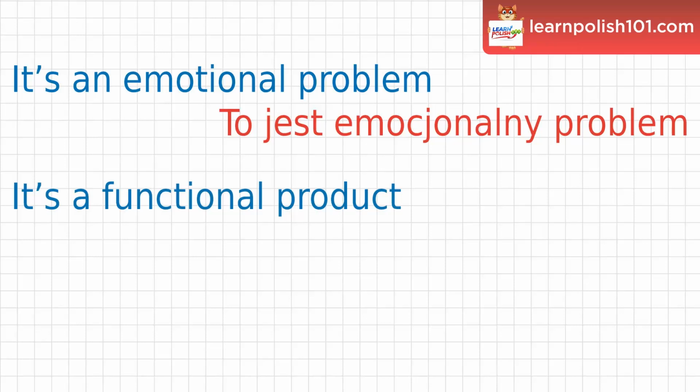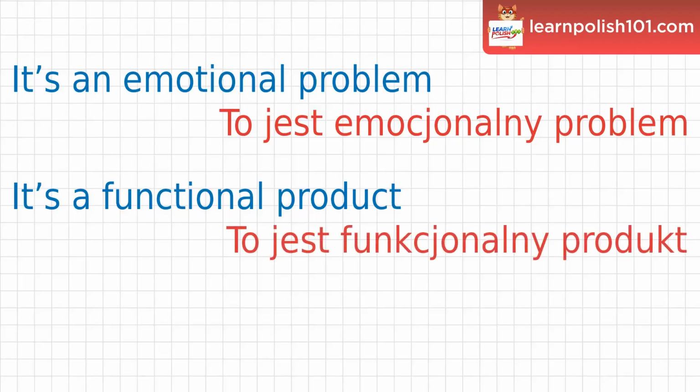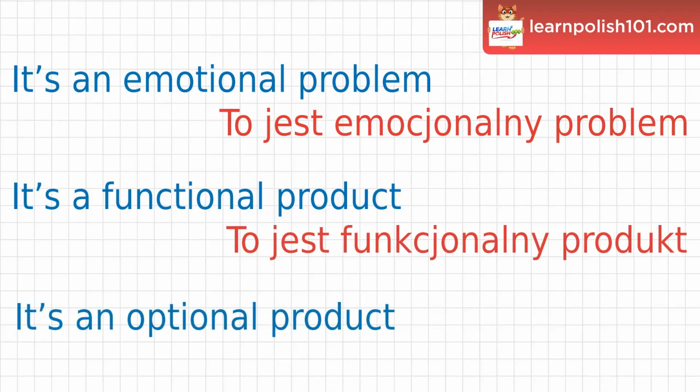It's a functional product. Doesn't look very nice, sure, but it's a functional product. To jest funkcjonalny produkt. It's an optional product. You don't need to buy this, it's optional.